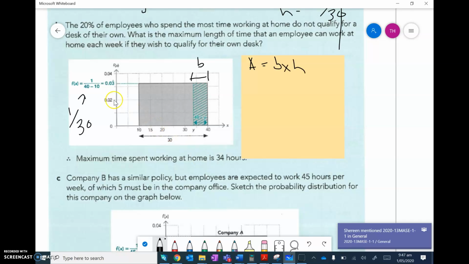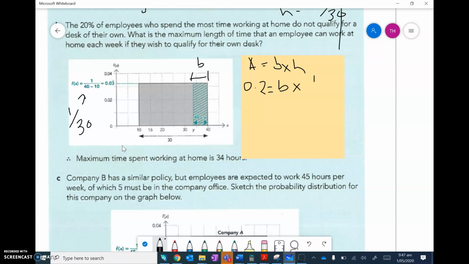Now I know my area, I want it to be 20% of the employees. So my area is 0.2. That represents the area of the shaded in part, 0.2, 20% of the employees. My base, I currently do not know. I'm trying to work out my base, so I'm going to leave it as B. And my height, always work out your height first, which we did in the last question, is 1 over 30.